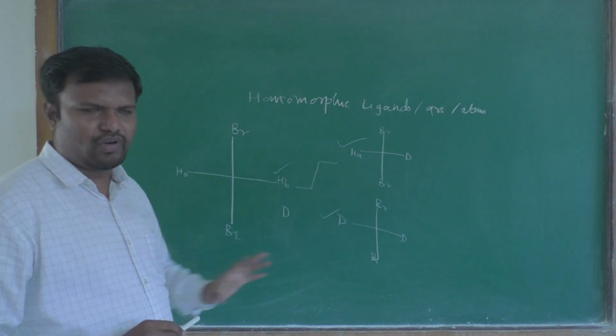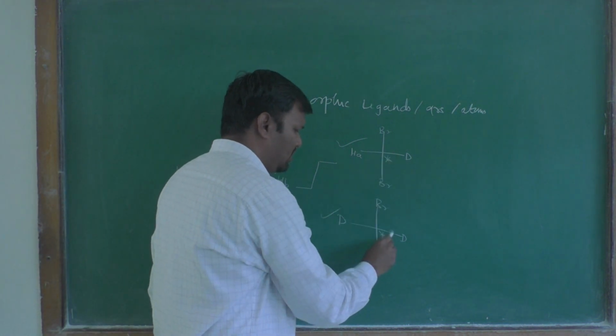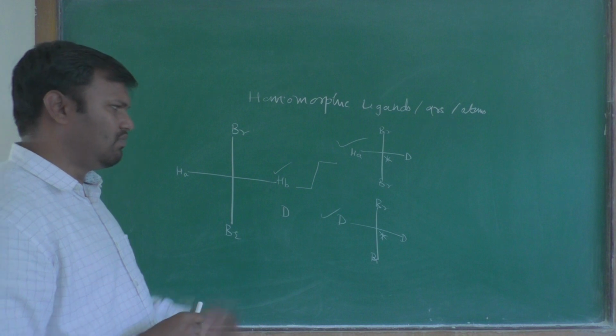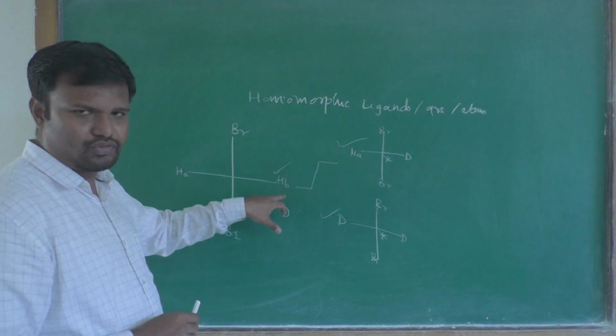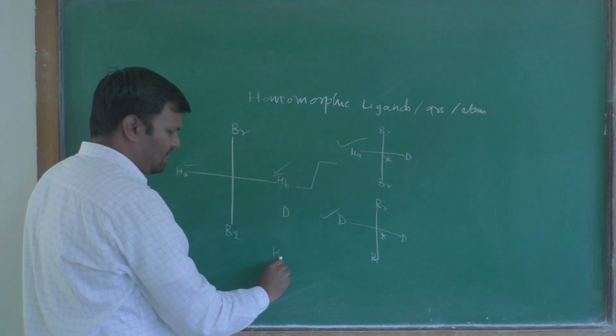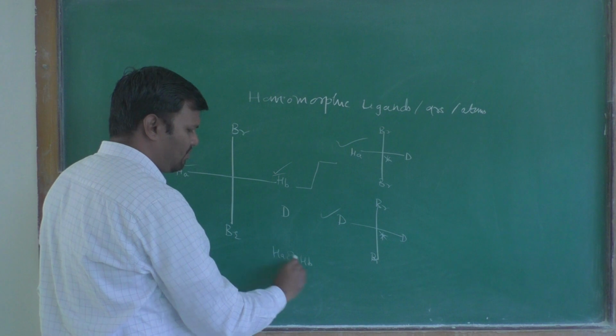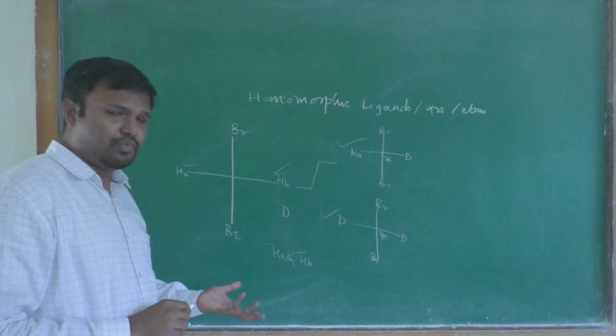These two are the same one. No stereogenic center or chiral center is there. Therefore, these are the homomorphic protons. Homomorphic protons means when you isolate it, it becomes the same, looking the same, identical and superimposable to each other.